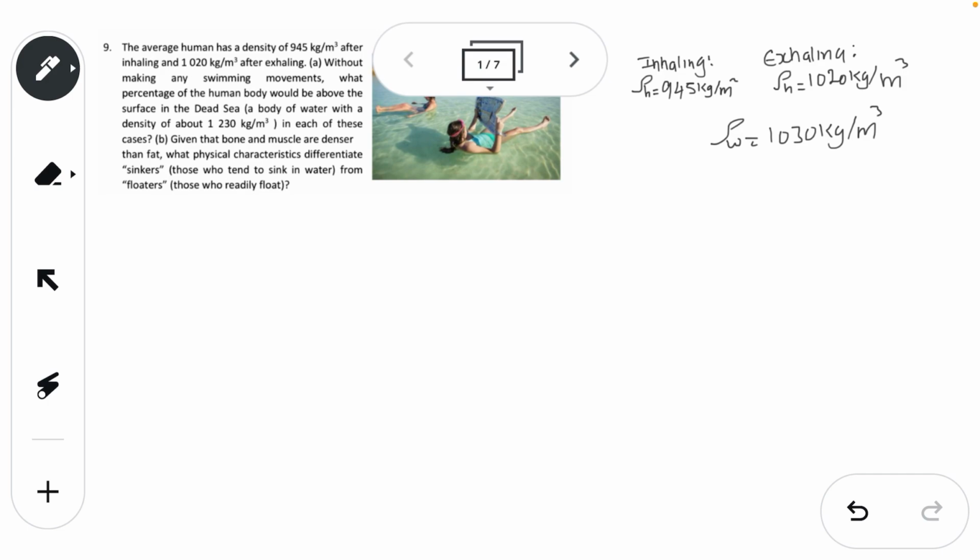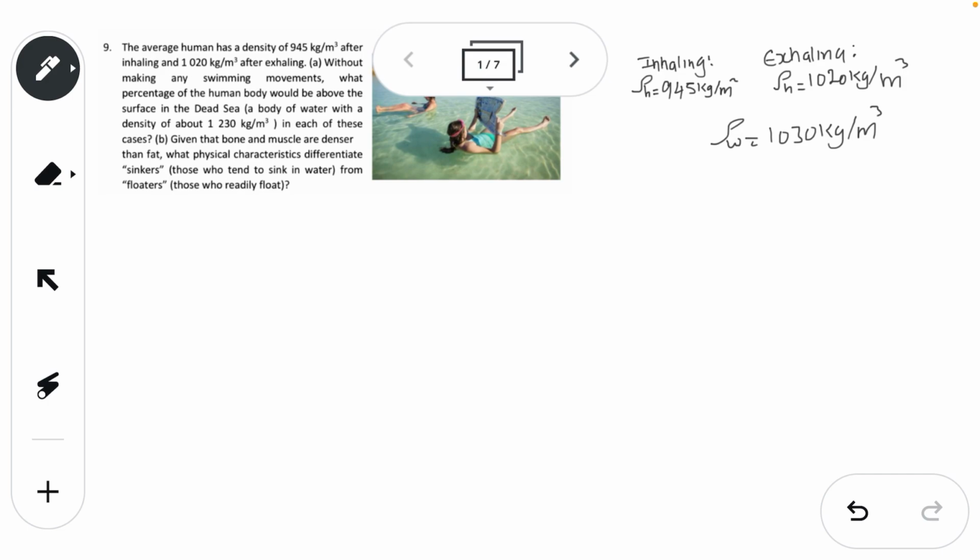All right, so let's look at question 9. Question 9 assumes that when you inhale, you have less density than when you breathe out. Now there's this situation here. We have a human who is floating at the surface of a water body.